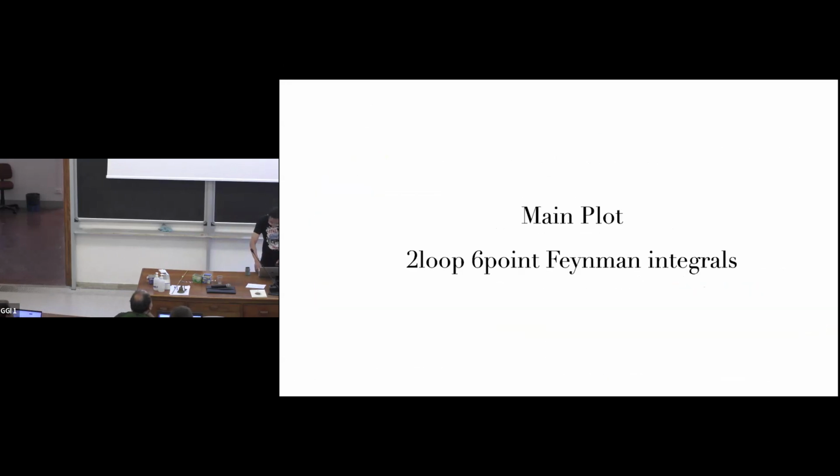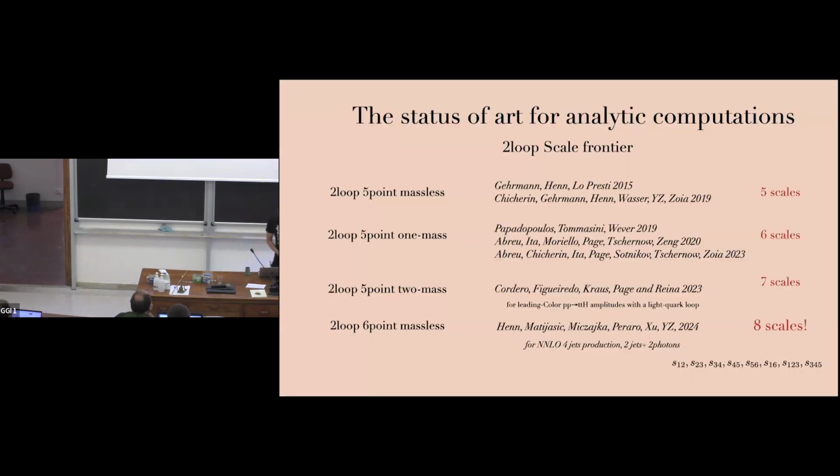So this is the main plot, this two-loop 6-point. We will explain this as a canonical differential equation computation for the frontier of the scales. Here I just list some examples of typical two-loop computations from canonical differential equations. A while ago, we had a lot of 5-scale computations like two-loop 5-point massless integrals. Then, for phenomenology purposes, there are many papers about the 6-scale two-loop 5-point, that's 5-point plus 1 mass.